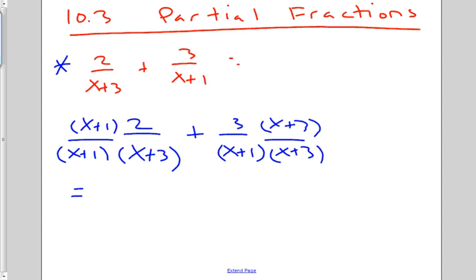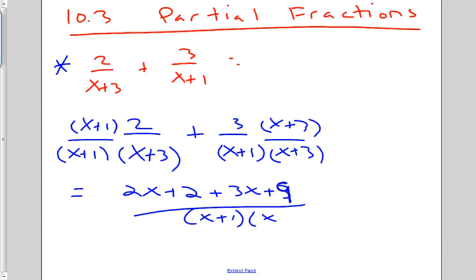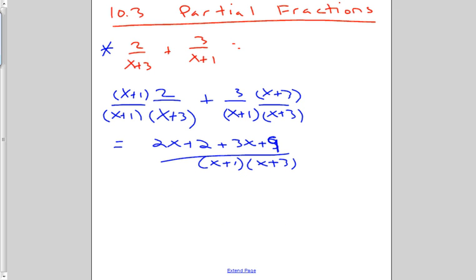So we could simplify that. We get 2x plus 2 plus 3x plus 9, rather. Knew I was doing something wrong. So 3x plus 9 all over x plus 1, x plus 3, and last step would just be to simplify.